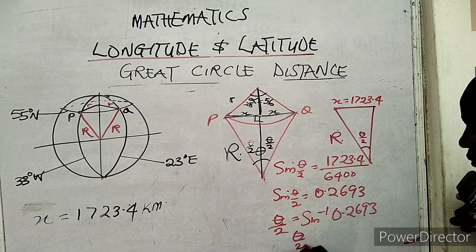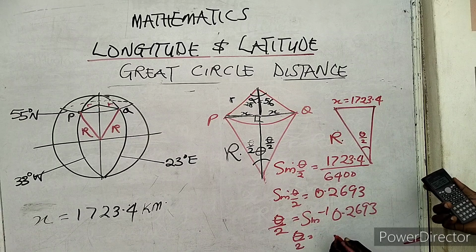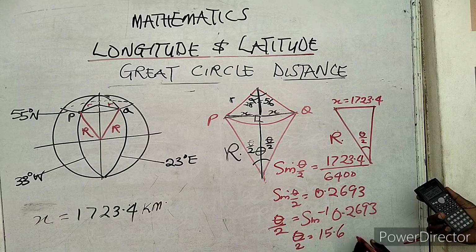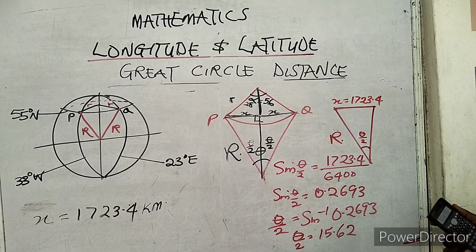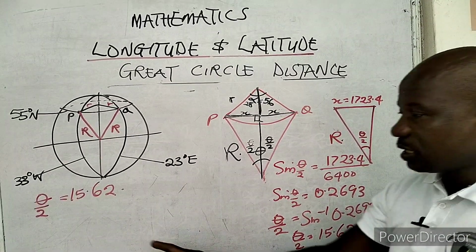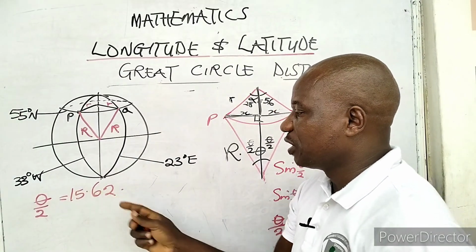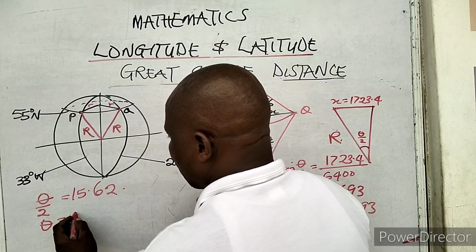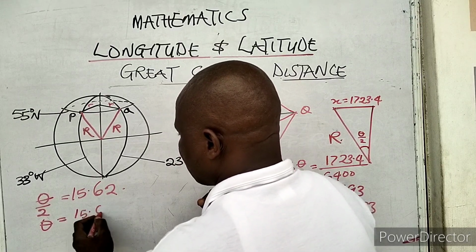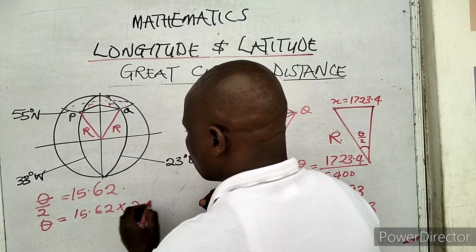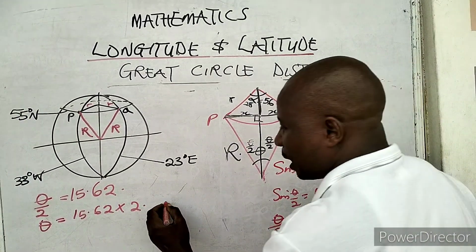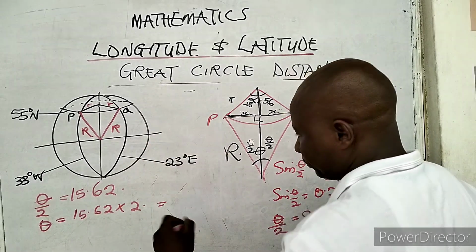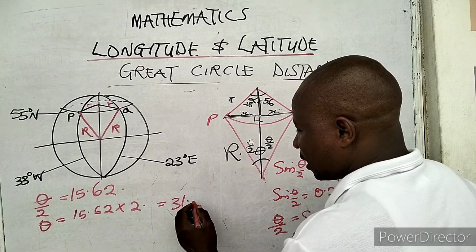That's my theta all over 2, which is 15.62. Now what's my theta? Theta all over 2 is 15.62. What is now our theta? Theta is going to be times 2. So we have 15.62 times 2. Is that understood? This gives me 31.24.